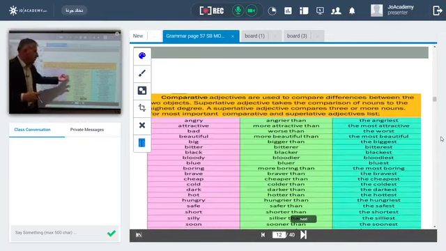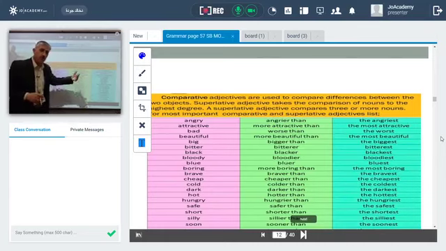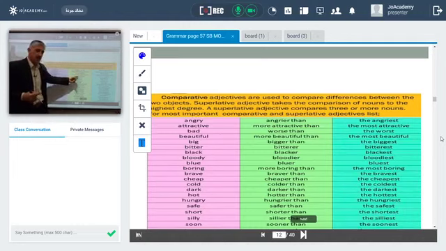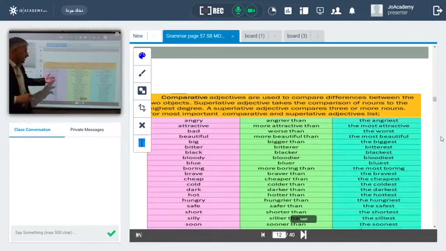So here we say more beautiful than. Big is 1 syllable, it becomes bigger. We double the G, and we will come to that later why we double the G. Better than. Black, blacker than. Bloody, bloodier than. Blue, brave, till the end. We have the end of the list of the adjectives. These are some of the adjectives we are talking about.